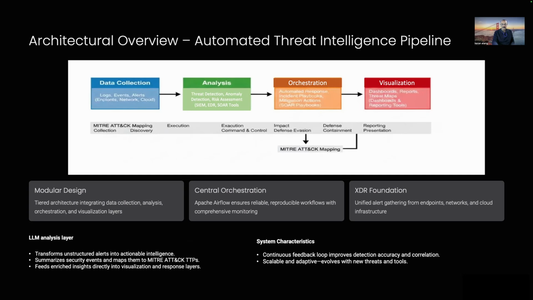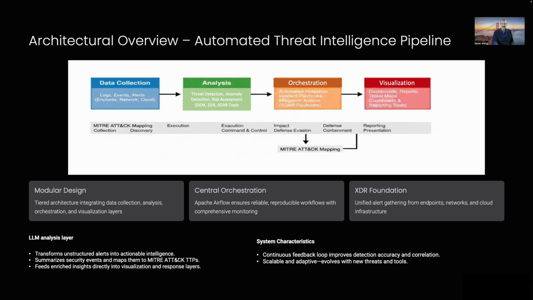So it is a modular design, like I mentioned, and we use Airflow as a central orchestration layer. It ensures reliable, reproducible workflows with comprehensive monitoring. That's one of the reasons why we are using Apache Airflow. It uses XDR, of course. We mentioned that. It essentially ensures that we have unified alert gathering from endpoints, networks, and cloud infrastructure.